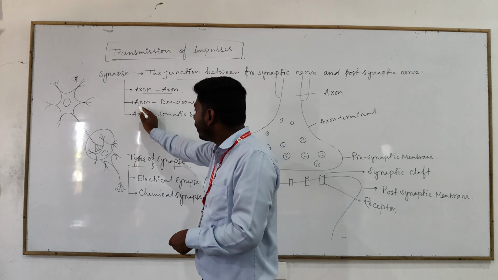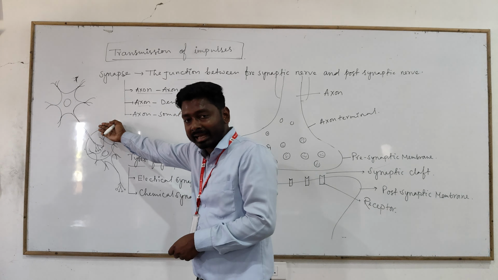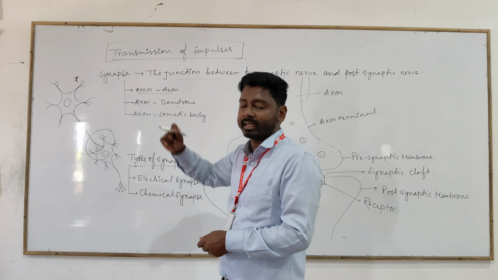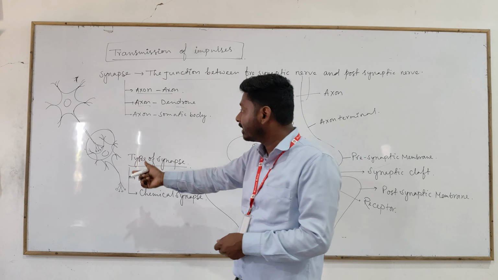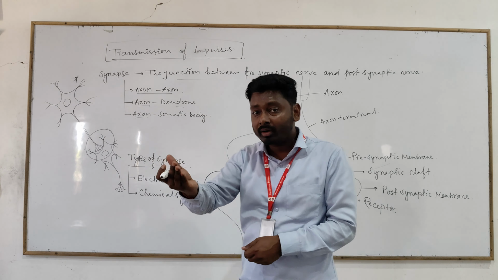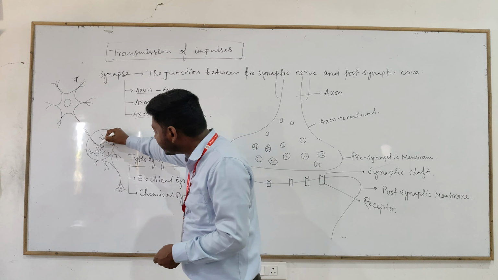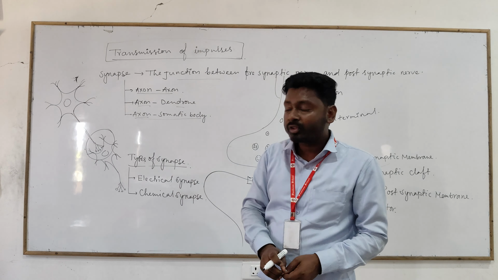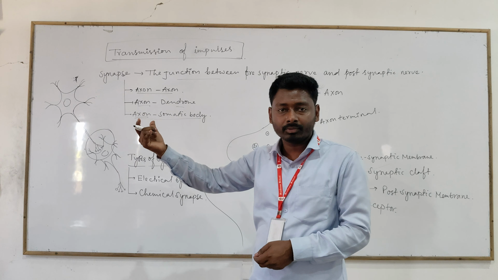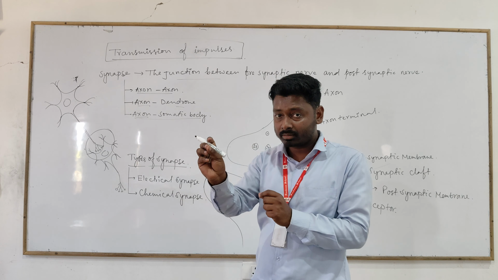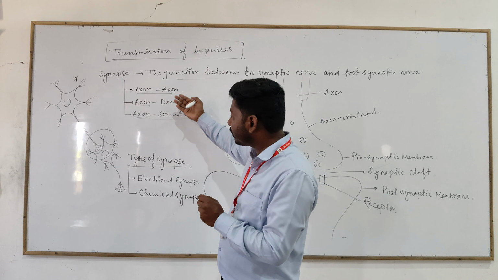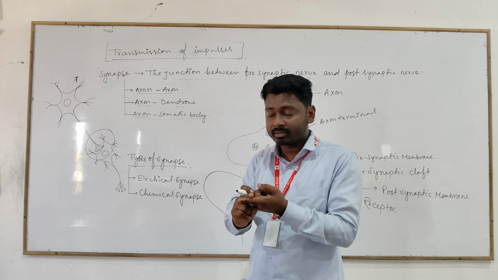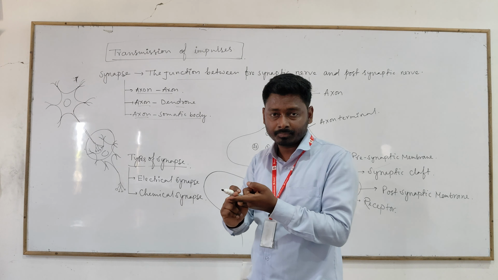The third type of synapse is formed by the axon and the cell body. These are known as axosomatic synapses. So based on their parts, synapses are divided into three types: axoaxonic synapse, axodendritic synapse, and axosomatic synapse.